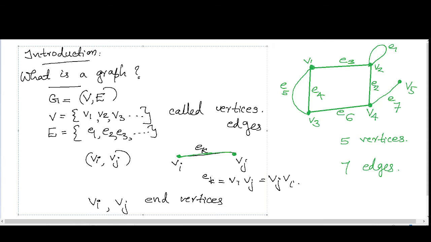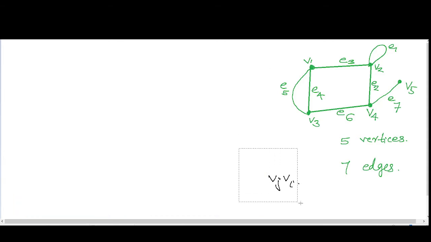Now we can move to a basic definition, that is self loop, or simply a loop. What is meant by a self loop? A self loop means an edge having the same end vertices.